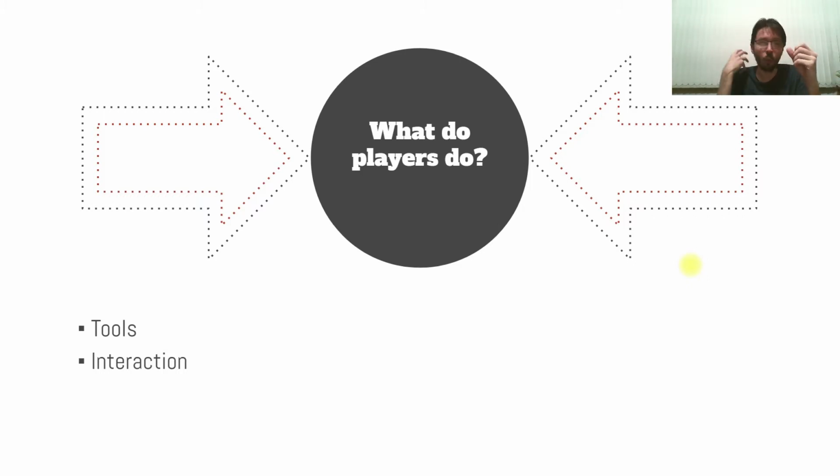So why does it help to answer this question? It gives you the opportunity for the first time to check if the tools you're offering the players actually help the characters do what they're supposed to do in a fictional world.